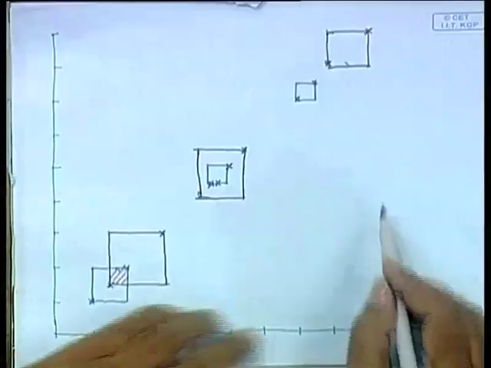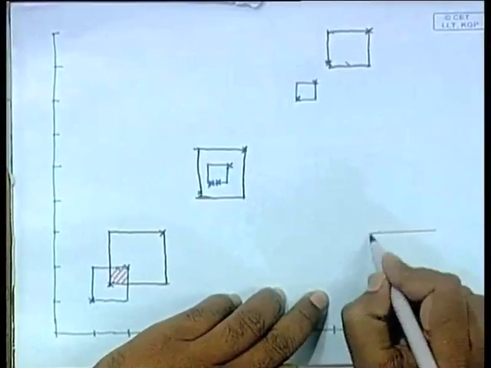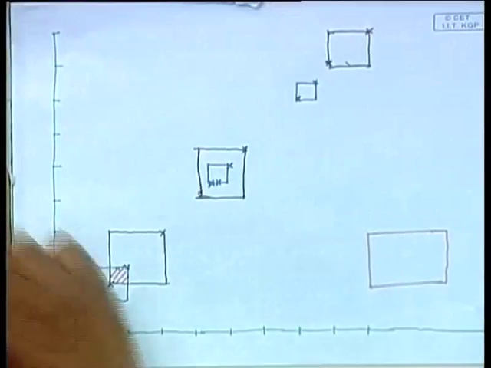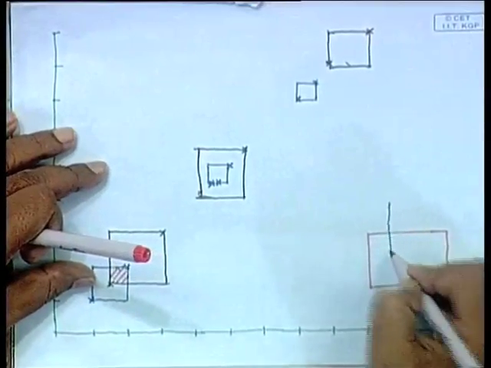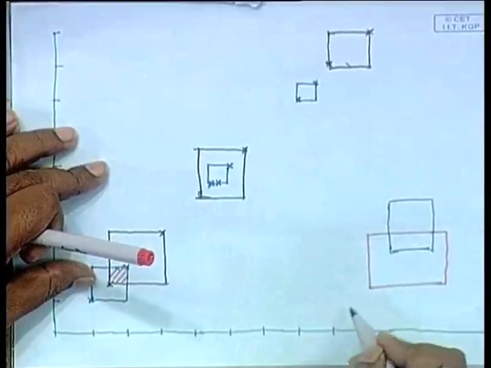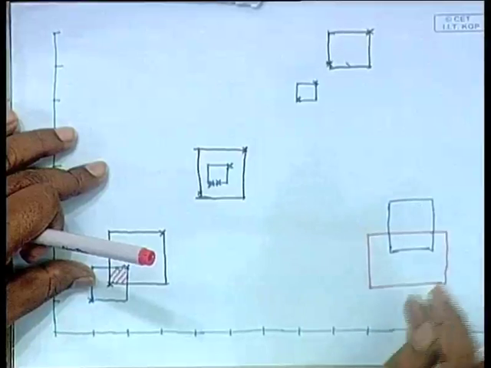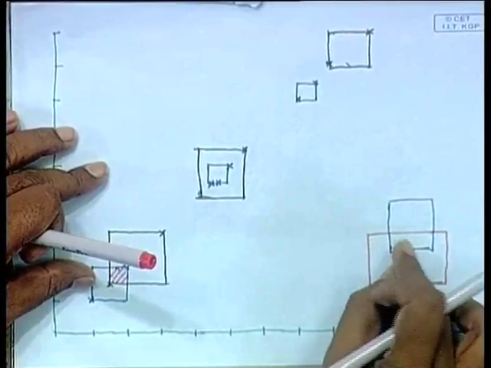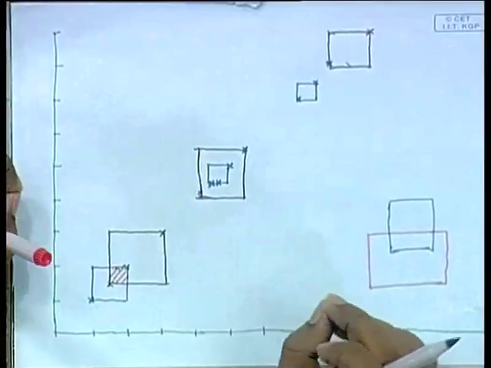partial containment. Okay. As we have already said, I can have a containment of this form. Suppose I have one hyperbox like this belonging to one class, and I can have another hyperbox like this which belongs to another class, okay, where this hyperbox is not fully contained within this hyperbox, it is partially contained, but still it is containment, because one of the dimensions is contained in the respective dimension of the other hyperbox.